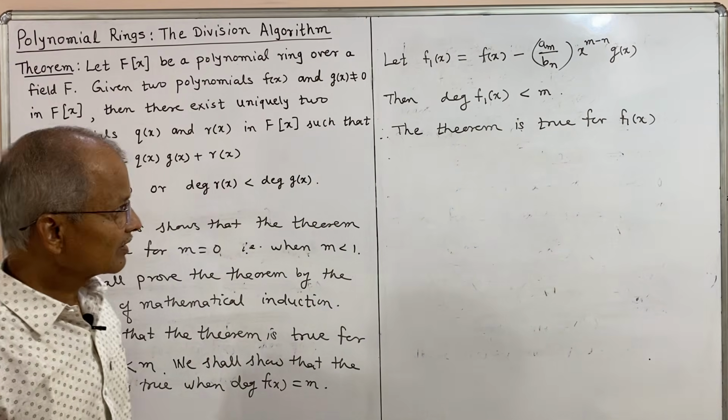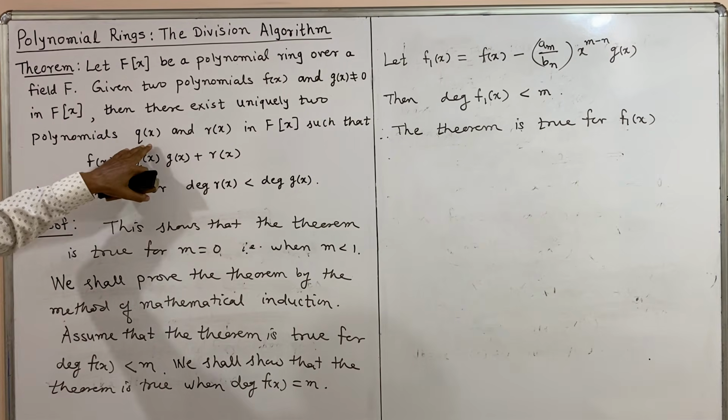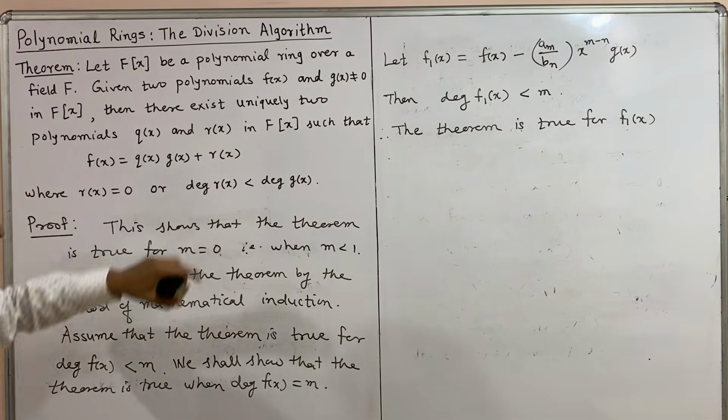And thus, the theorem being true means there exist two polynomials. We shall denote them by q1 and r.